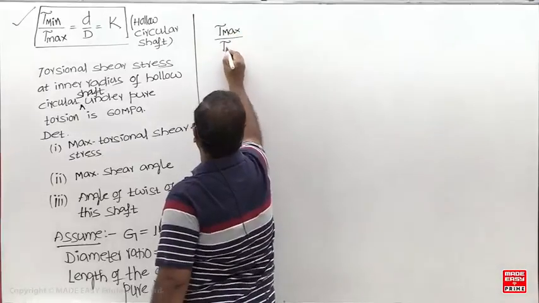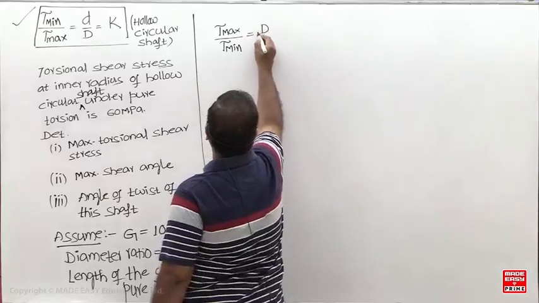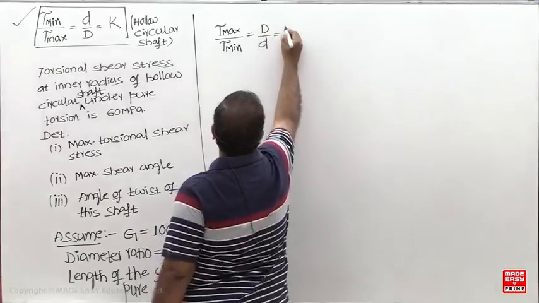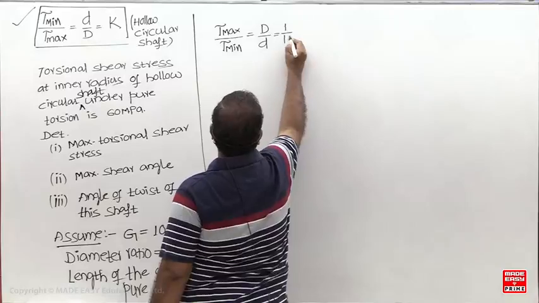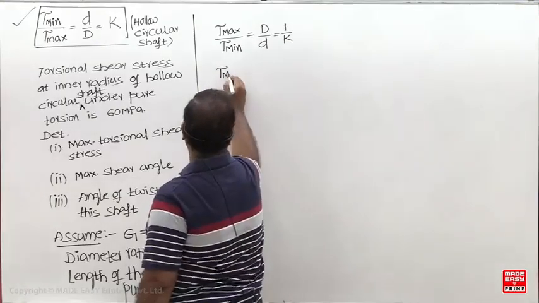Maximum torsional shear stress to minimum torsional shear stress is the ratio of capital D by small d, so this ratio is given.